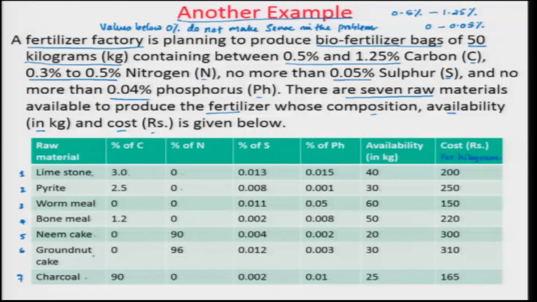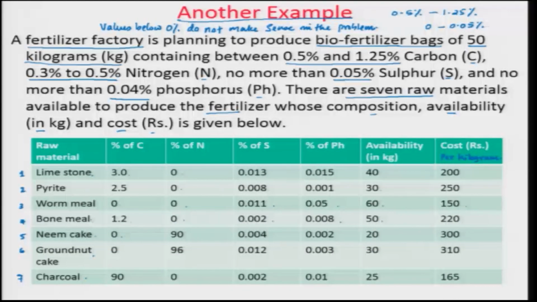Then worm meal has 0% of carbon, 0% of nitrogen, 0.011% of sulfur, 0.05% of phosphorus, and 60 kilograms of it is available at 150 rupees per kilogram. Same way, then there is bone meal, 1.2% of carbon, 0% nitrogen, 0.002% of sulfur, 0.008% of phosphorus, and 50 kilograms of it is available at 220 rupees per kilogram.